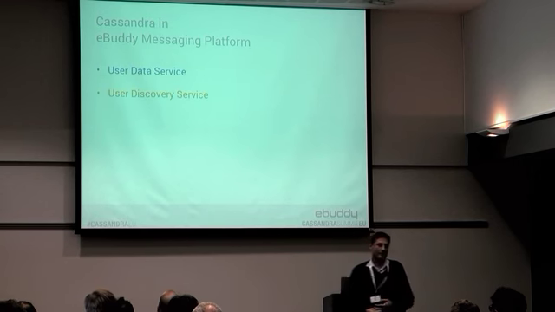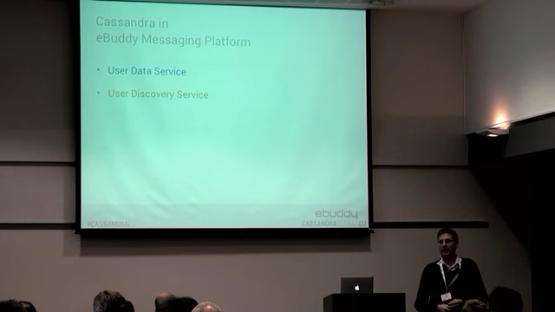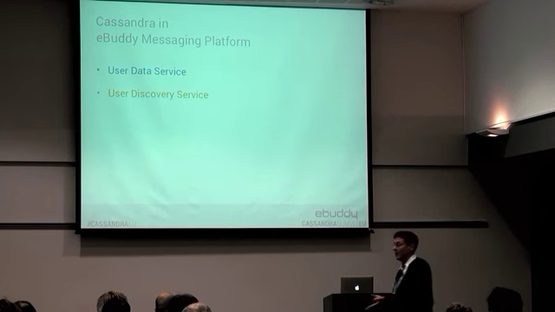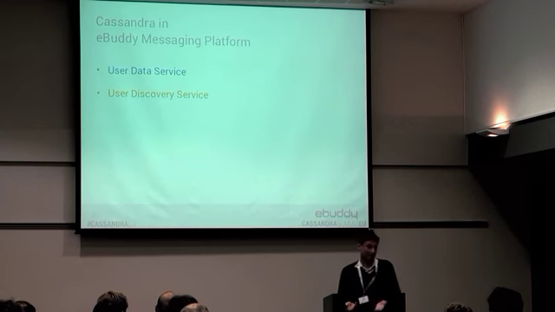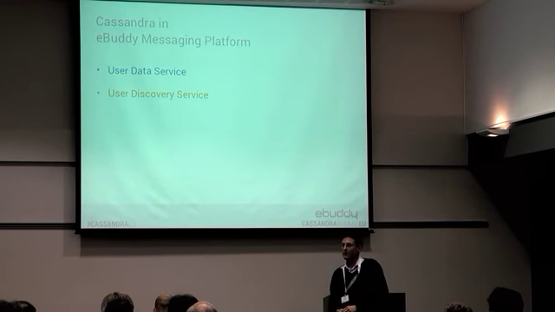And user discovery service. The messaging platform that we have is based on contacts, a contact list. So every user has a contact list where they can start a conversation with their buddy, their friend. And we have a discovery service that uses various social graphs.